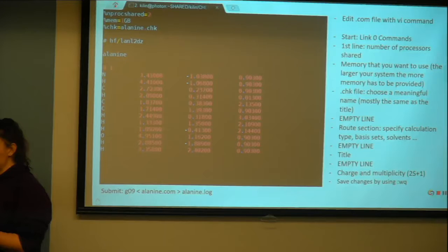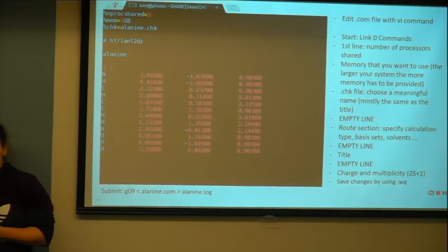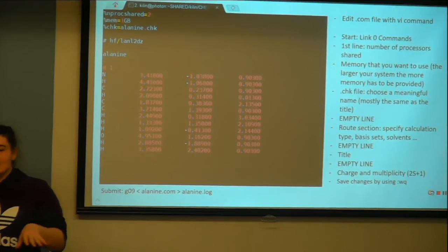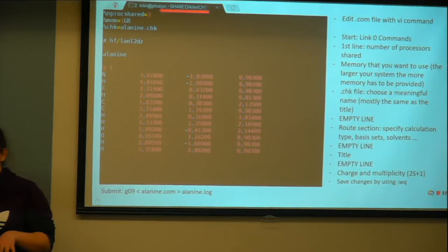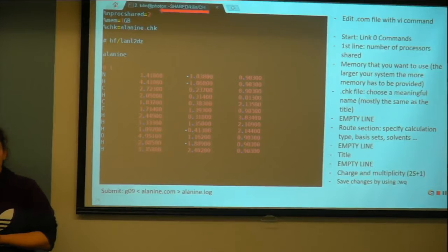Once we have the .com file, we modify it with the vi command. We press i for insert, and then we change it. In the first line, we specify the processors we want to use for the job.